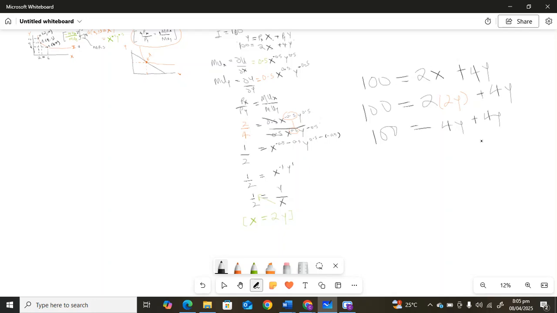So 4y plus 4y, that is 8y. 100 divided by 8. What is 100 divided by 8?